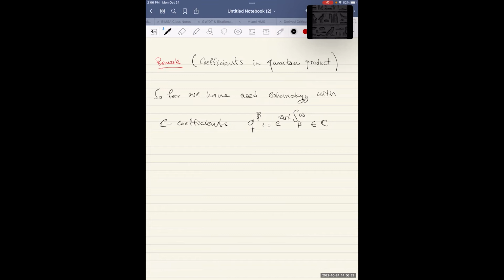Where omega, in H2 of X with complex coefficients, is the complexified Kähler class.